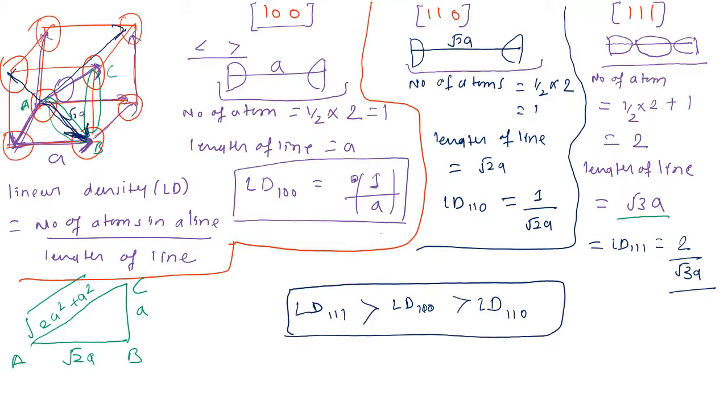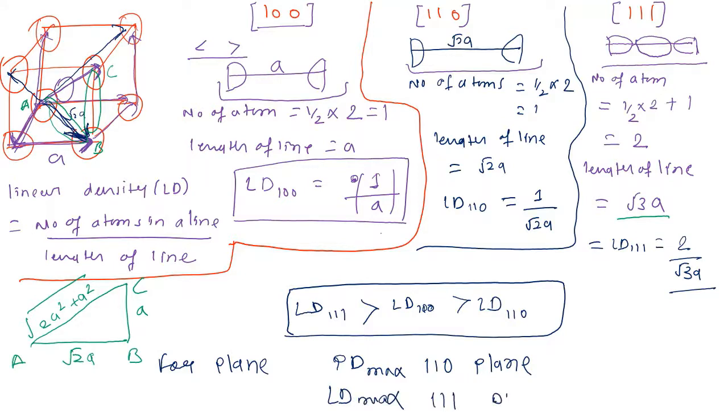So for planes we got maximum planar density for the 110 plane, and maximum linear density for the 111 direction in the case of BCC.